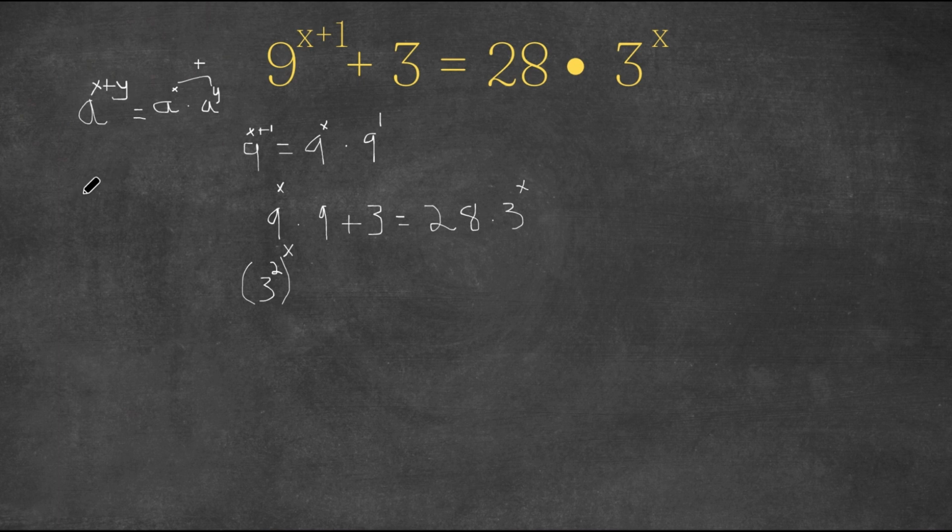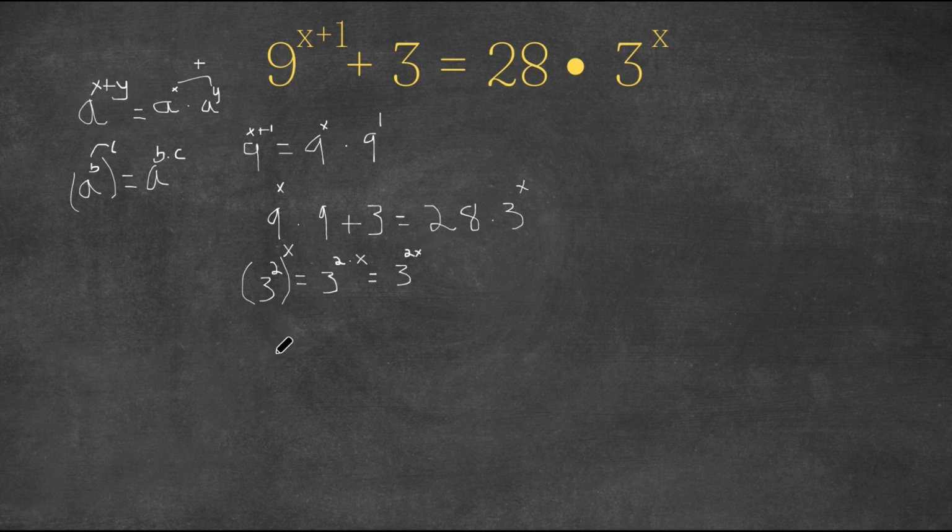And whenever we have something like a to the power of b, and the whole thing to the power of c, this is equal to a to the power of b times c. So as you can see, we multiply these two exponents. So right here, this is going to equal 3 to the power of 2 times x, and 2 times x is simply 2x, so this is equal to 3 to the power of 2x.